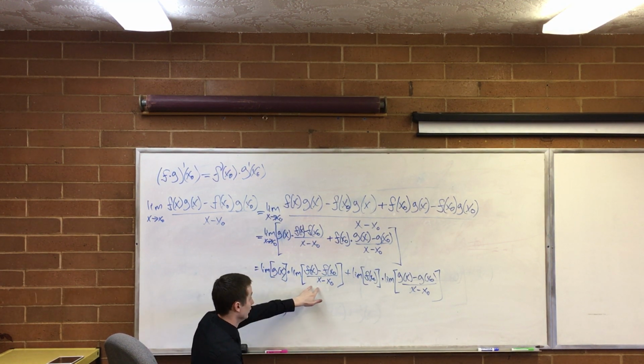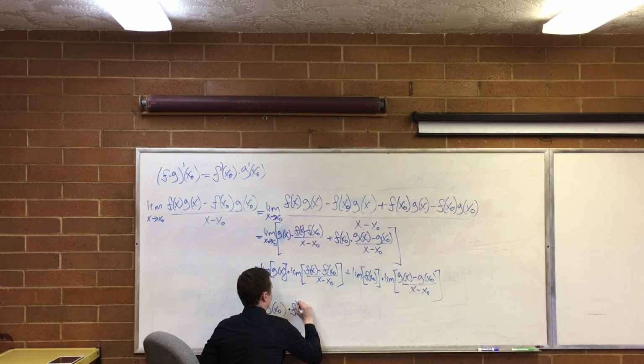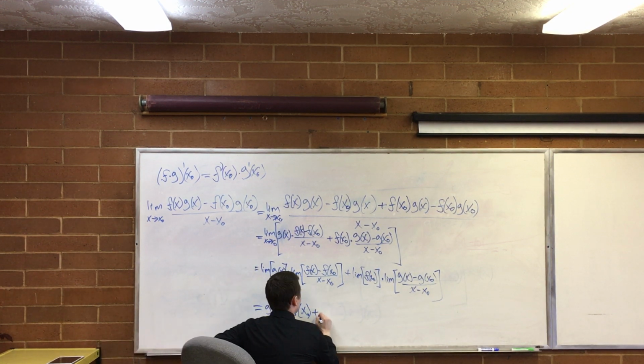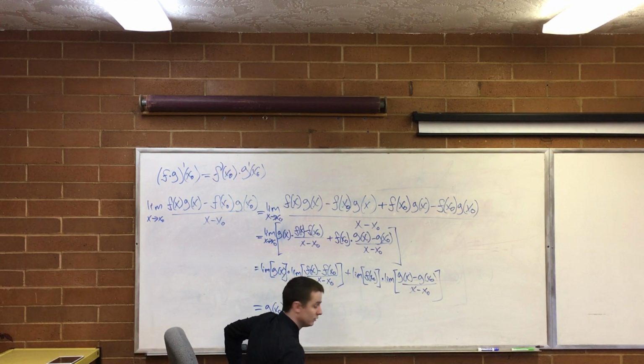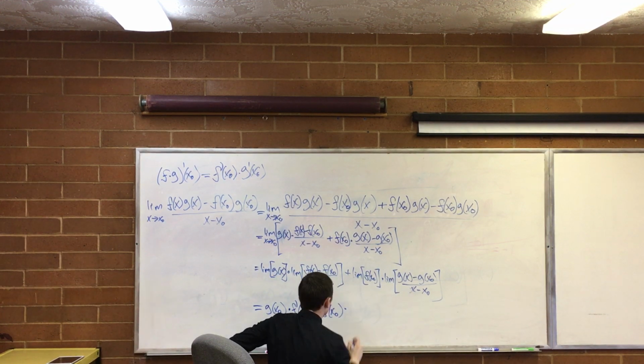Okay. The limit of this is f prime of x naught. Plus, what's the limit of f of x naught? Just f of x naught. Times, what's this? g prime of x naught.